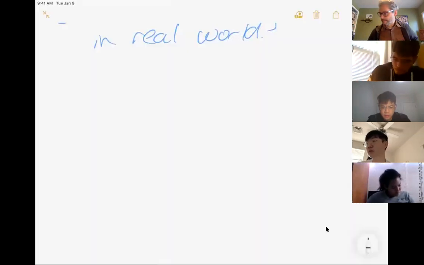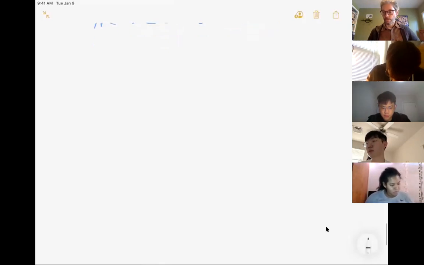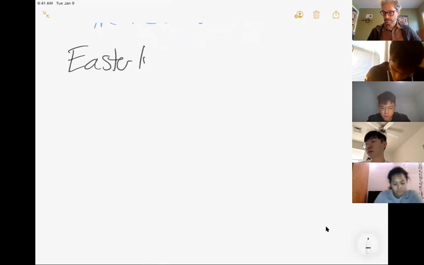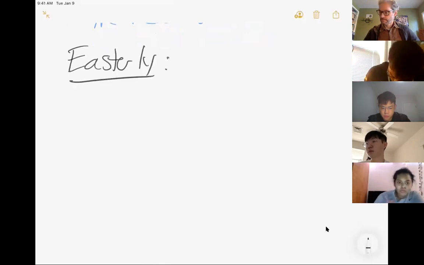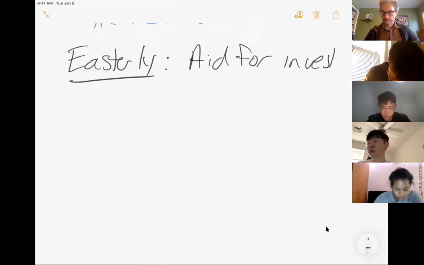I wanted you to take a look at this Easterly reading because in part I wanted you to think about putting the Solow model in some context. Okay. Aid for investment.